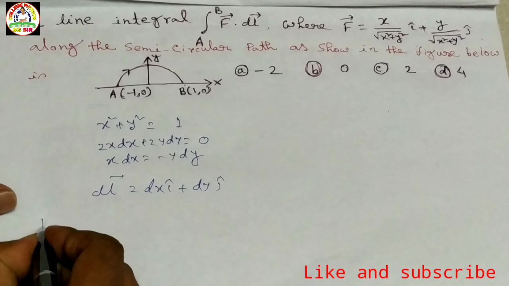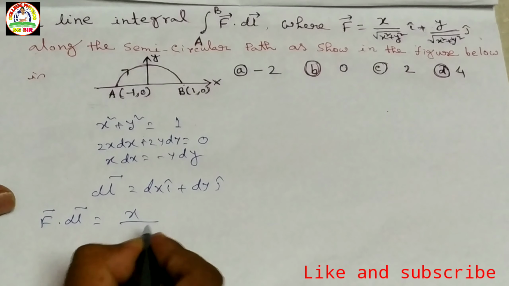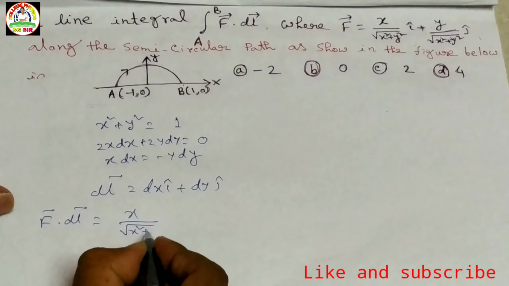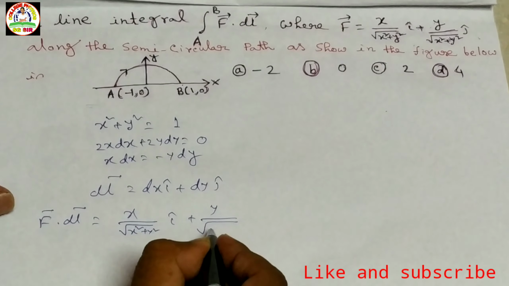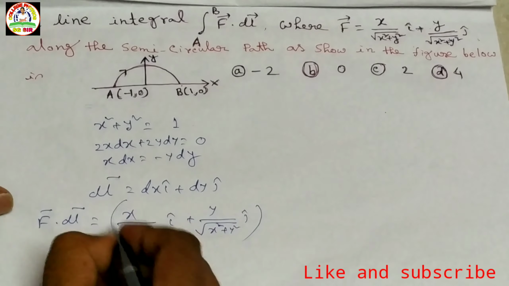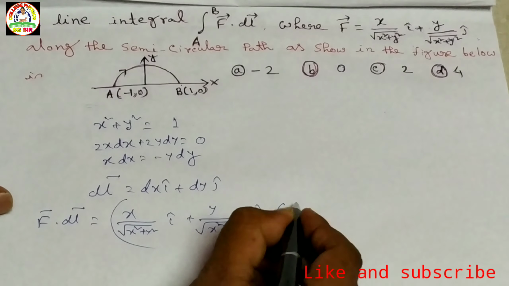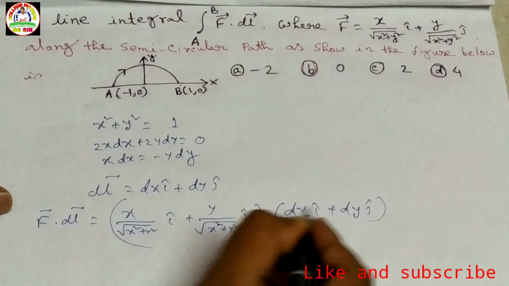So if we calculate f dot dl, we get x by root over of x square plus y square i cap plus y by root over of x square plus y square j cap dot dx i cap plus dy j cap.